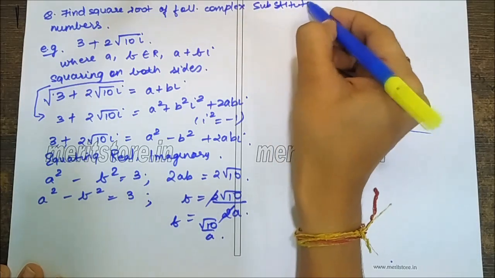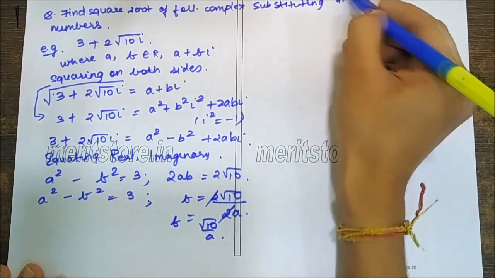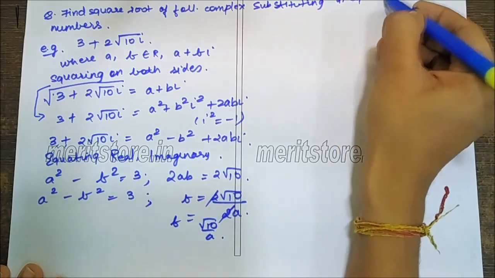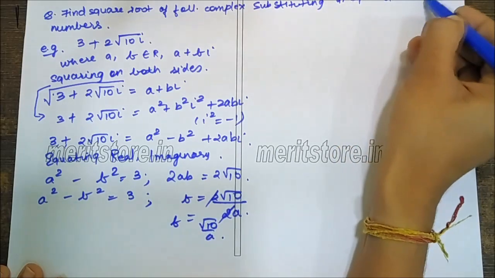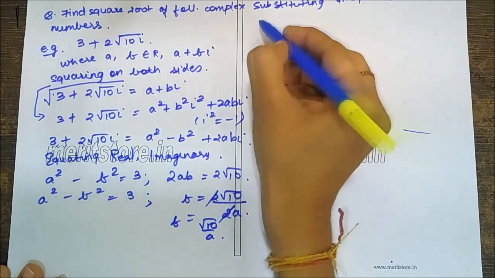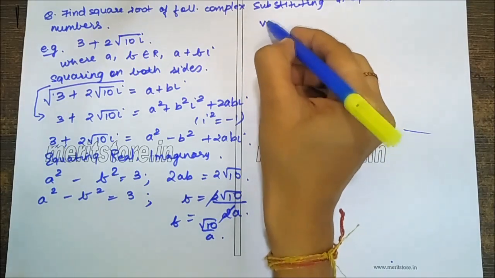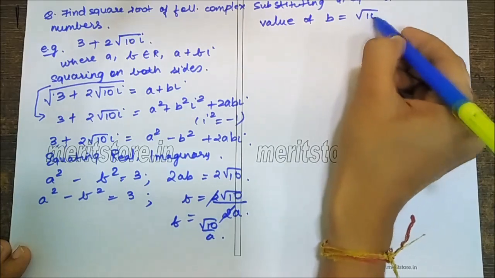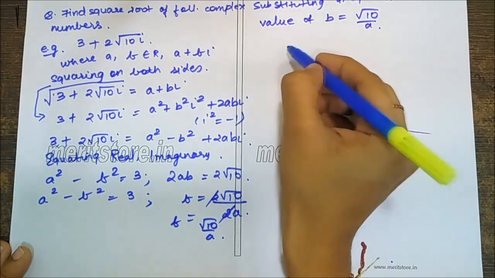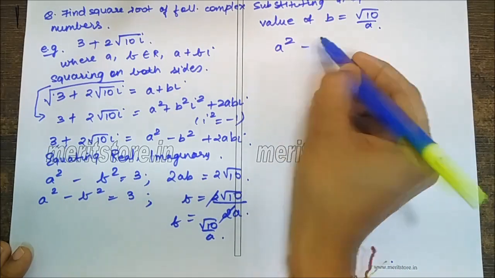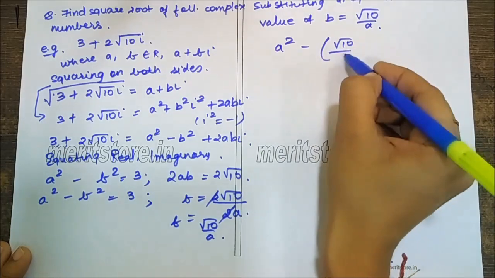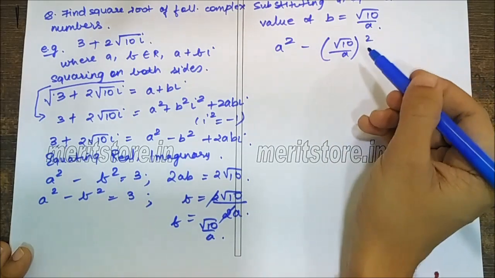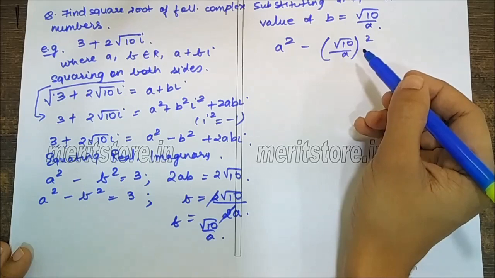Substituting in equation a square minus b square is equal to 3 the value of b, which is equal to root 10 upon a: a square minus root 10 upon a the whole square equal to 3.